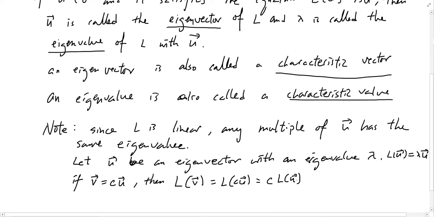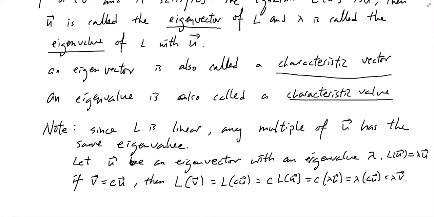And we already know what L of u is, because u is an eigenvector: it is lambda u. Now if I simply rearrange this, it's lambda times c vector u, which is lambda times v. This shows that vector v is also an eigenvector, and it has the same exact eigenvalue, which is lambda in this case.